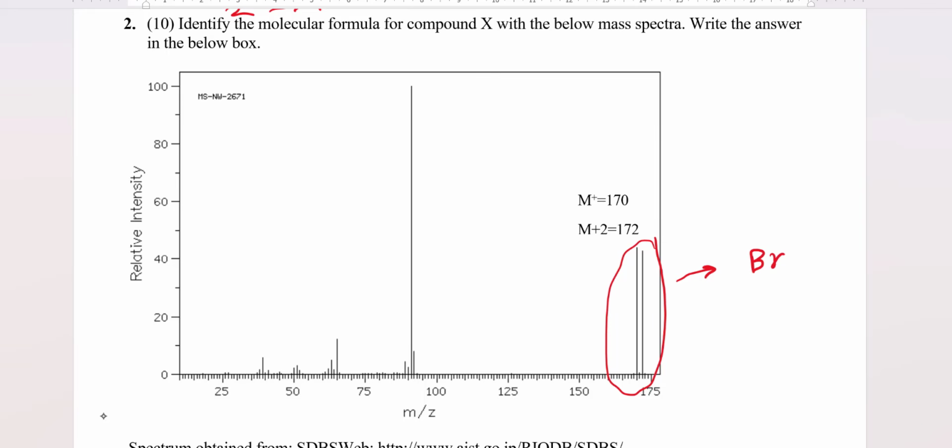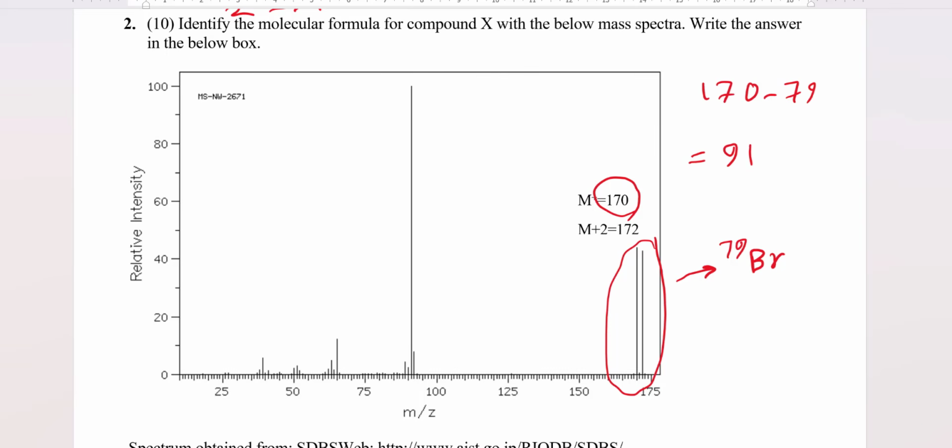For bromine and chlorine, we do the calculation based on the first parent peak and first isotope, which for bromine is 79. Because our molecule has one bromine, I'm going to subtract the mass of bromine from the mass of the molecule to find the remaining mass, which is 91.